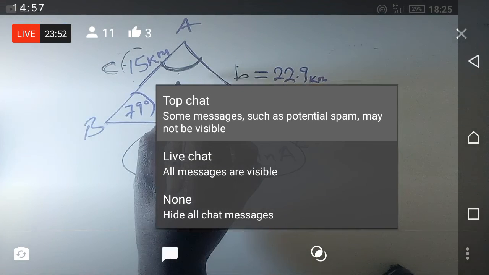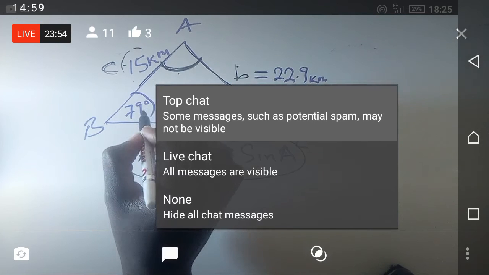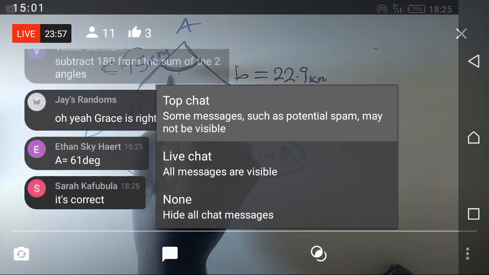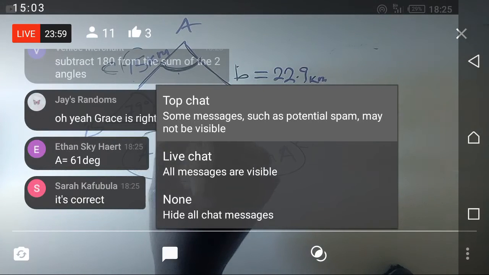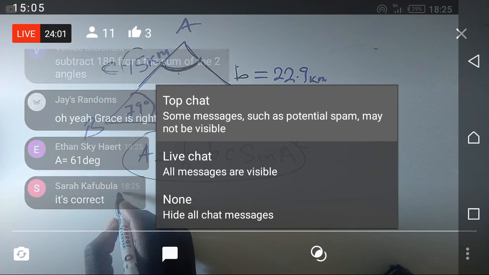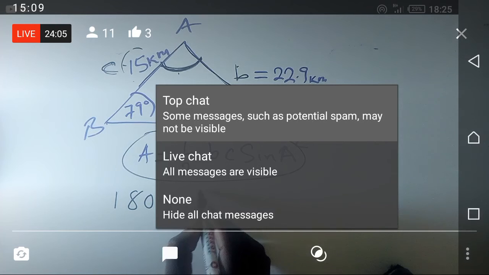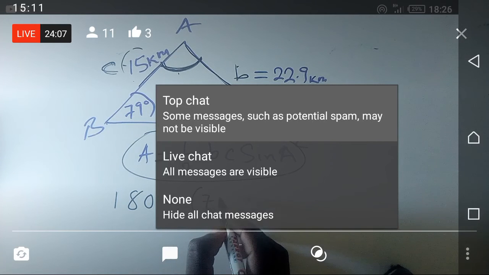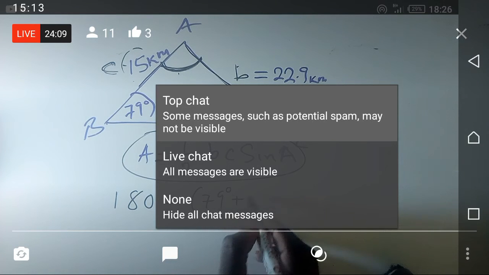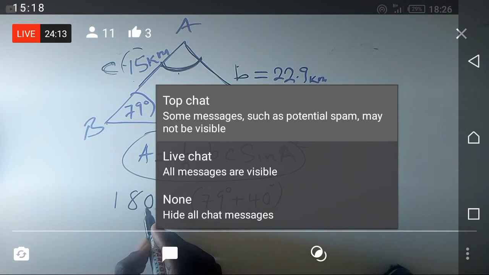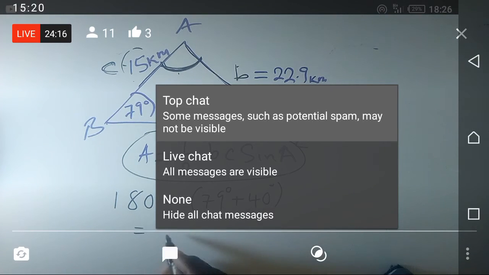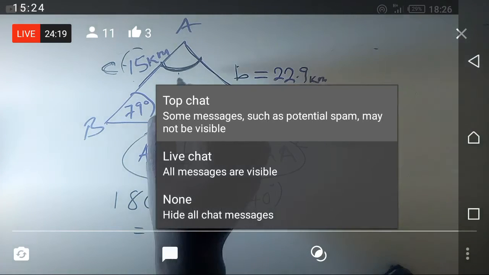We know that the sum of angles in a triangle adds up to 180. So we say 180 degrees minus 79 degrees plus 40 degrees. So the sum of this we subtract from 180, and we will find that our answer will be equal to 61 degrees, which we need to put here.